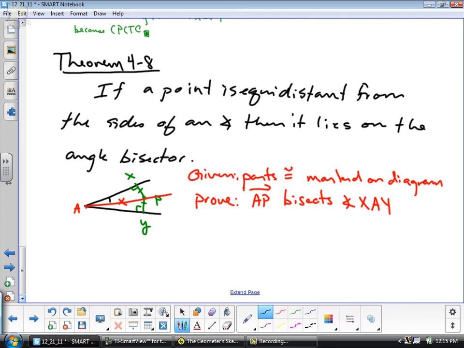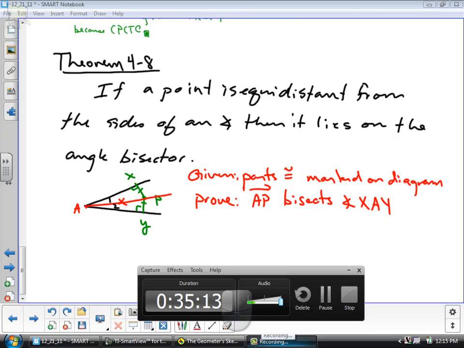So if I can show angle 1 is congruent to angle 2, which I can because the triangles are congruent, then this ray bisects angle XAY. And that is basically the proof. We might finish tomorrow.